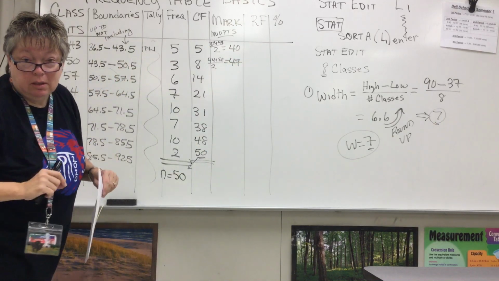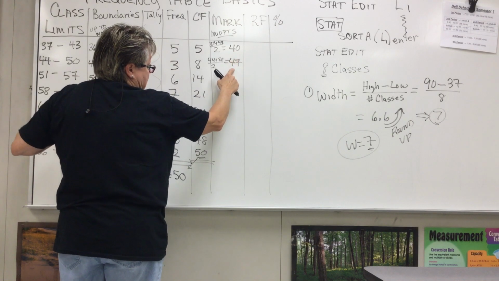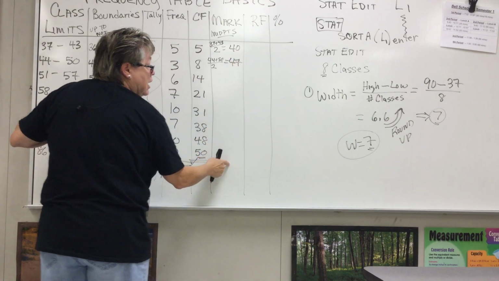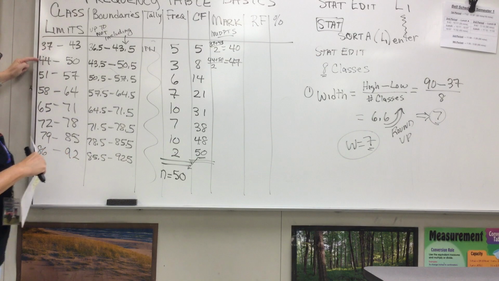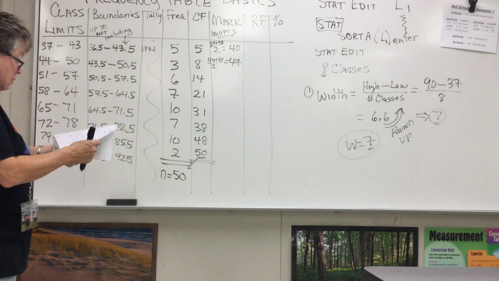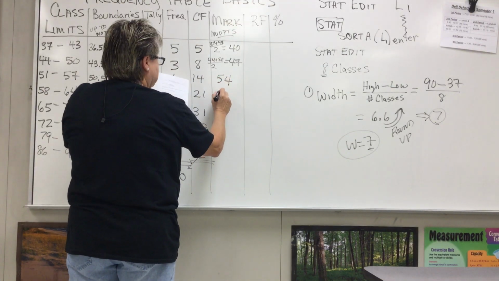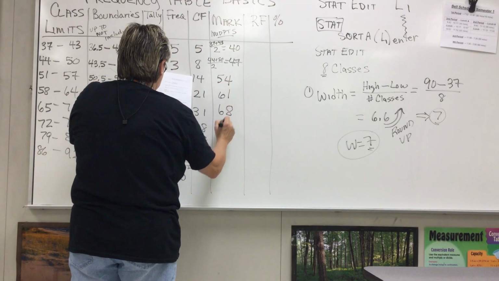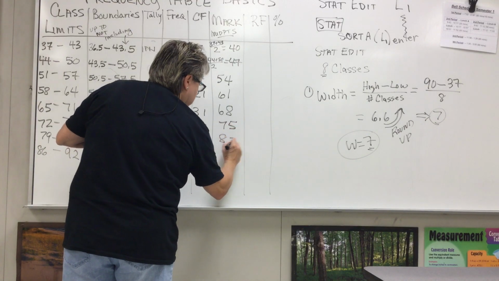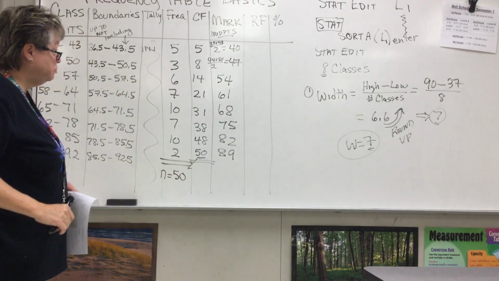Okay, little trick of the trade: if you can get the first mark, then you're just going to add your width right down that midpoint column, just like you did over here to generate your classes. It's going to be the same thing. So if you continue here, this should be 54, 61, 68, 75, 82, 89. Those are your class marks.